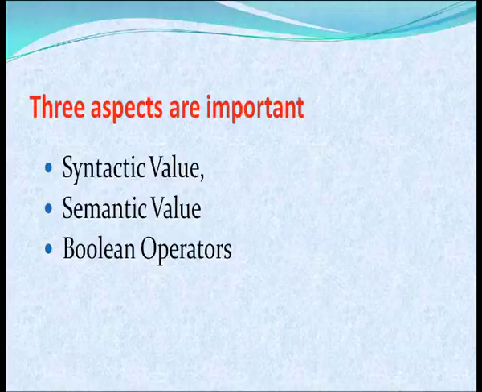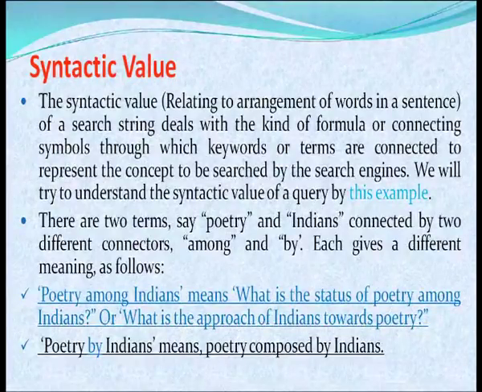Now we are coming to the syntactic value. Syntactic value relates to the arrangement of words in a sentence or search string, and deals with the kind of formula or connecting symbols through which keywords or terms are connected to represent the concept to be searched by the search engine. We will try to understand the syntactic value by giving examples.